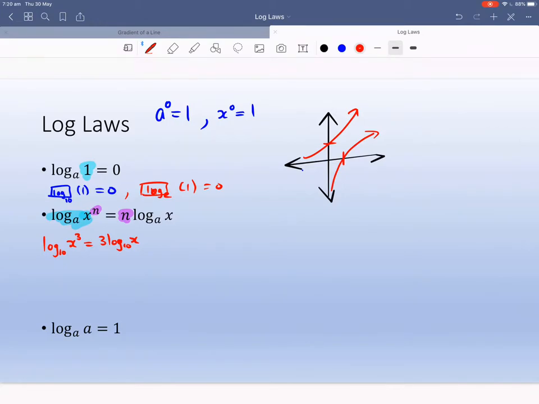So for example, bringing in our index laws, let's go log to the base 10 of the square root of x. Or I can change the square root of x to something else. I can go log e of x to the power of a half.